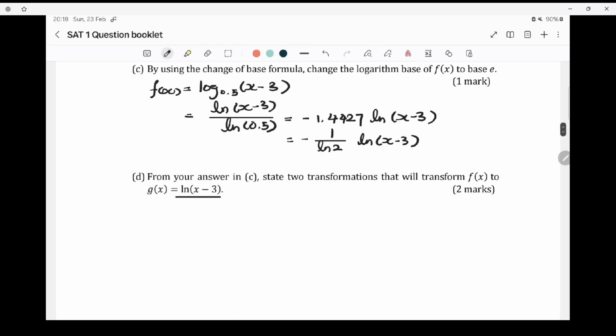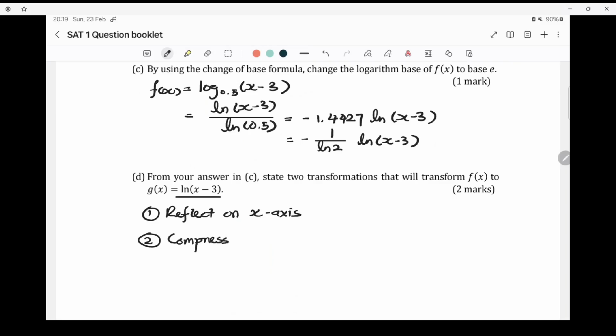So first you need to reflect on your x-axis. Then the second one, because 1.4427 is greater than 1, and in order for you to go back to ln(x minus 3), you actually need to compress. You don't need to stretch, you need to compress.